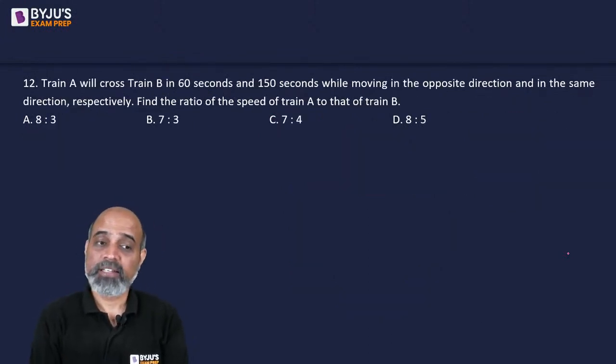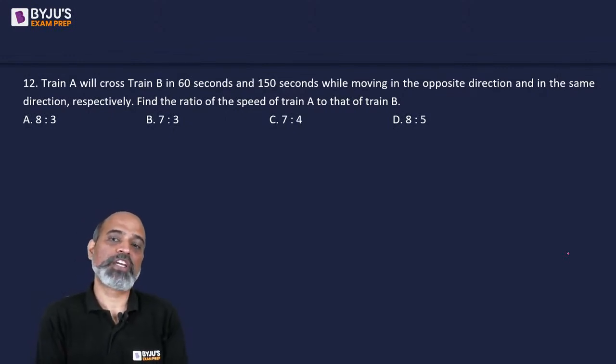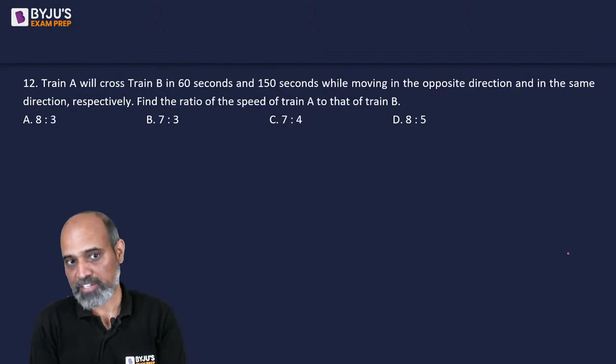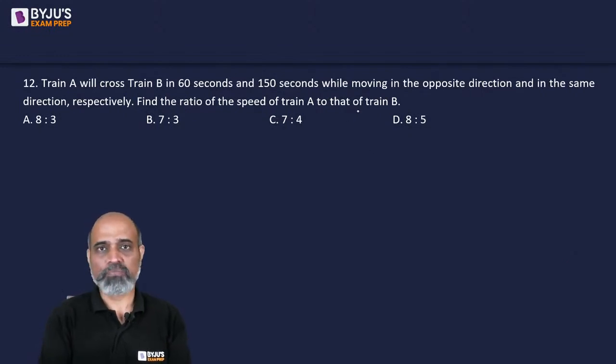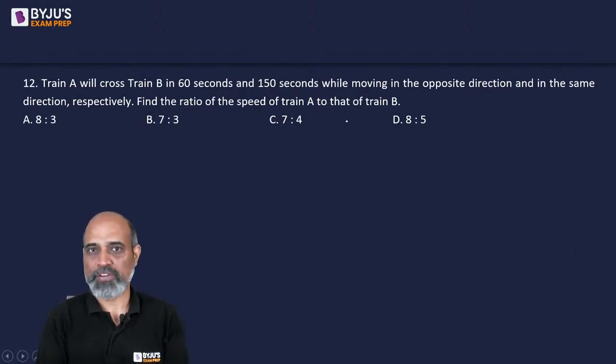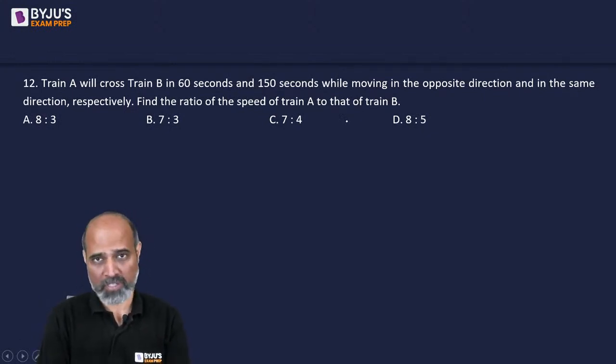Okay, trains. Train A will cross train B in 60 seconds and 150 seconds while moving in the opposite direction and in the same direction respectively. Find the ratio of the speed of train A to that of train B. So, straightforward formula you have when it comes to trains and platform or a pole or a tunnel or a running boy, a running car and so on. है ना?